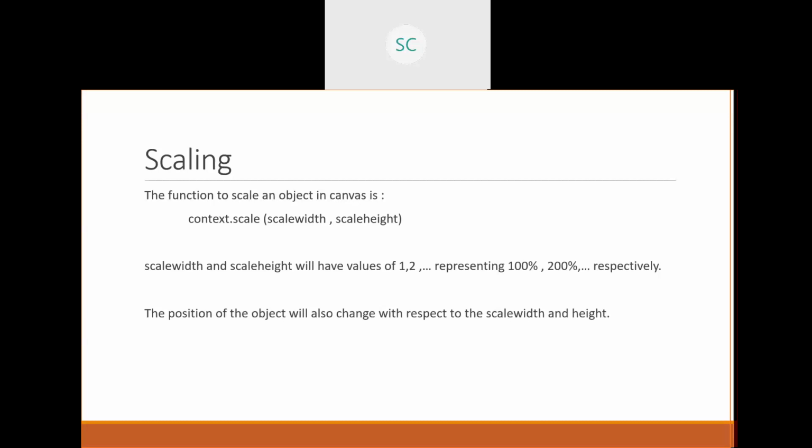When we are scaling, one more important thing to keep in mind is that the position of the object will also change with respect to the scale width and height. If we scale up the object by 200%, the position of the object from the origin will also move according to that scaling amount.